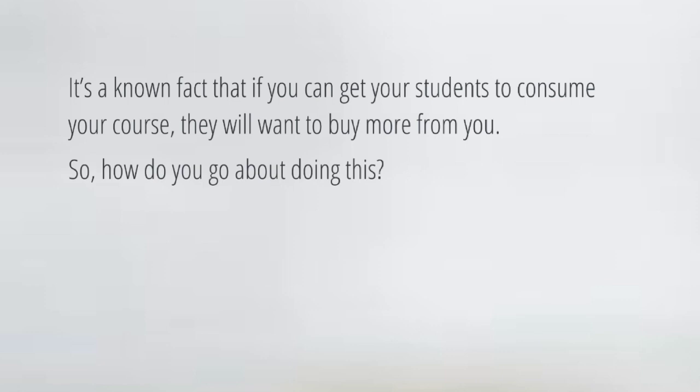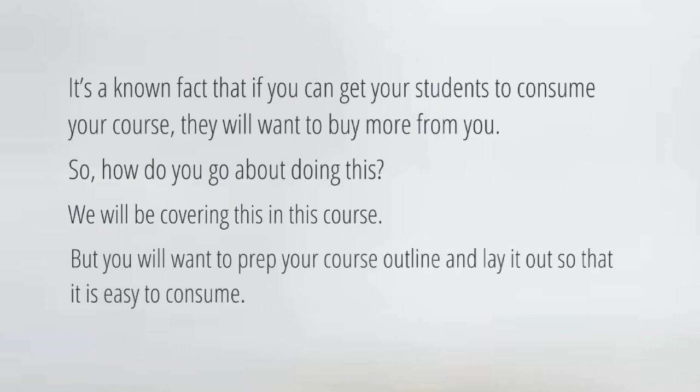So the big question is, how do you go about doing this? Well, to set the stage, we're going to be covering this in a lot more depth in this course. But what you want to do is prep your course outline and lay it all out so that it is easy to consume. Now, obviously, you already have an online course in hand.